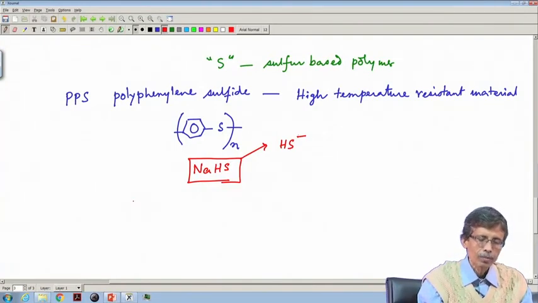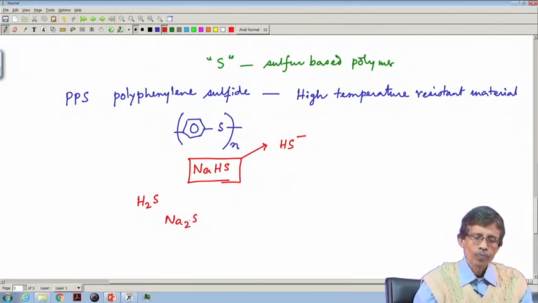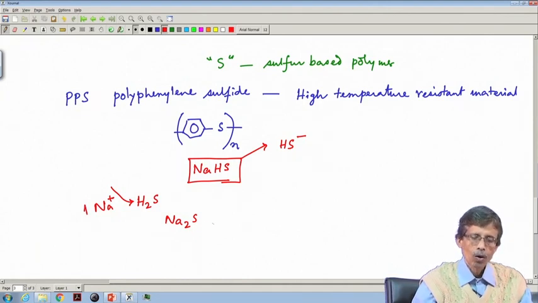What the reactions are, we will see in our next class: whether we can use H2S directly or whether we can use sodium sulphide. Two things you can have: either you make a monosodium salt, where one of the sodium ions is replaced, or you remove one of the sodium from here to get the corresponding species with the introduction of a proton.